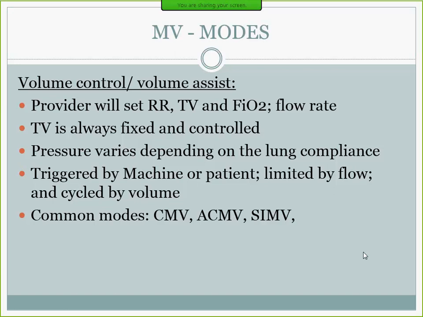SIMV is synchronized intermittent mandatory ventilation. Nobody uses it anymore, though some of the old-timer pulmonary specialists used to. That is a mode associated with the highest work of breathing. Our goal of mechanical ventilation is to reduce work of breathing, to take over the work of breathing because they've been working too hard. So we don't want to impose additional load by our ventilator management.